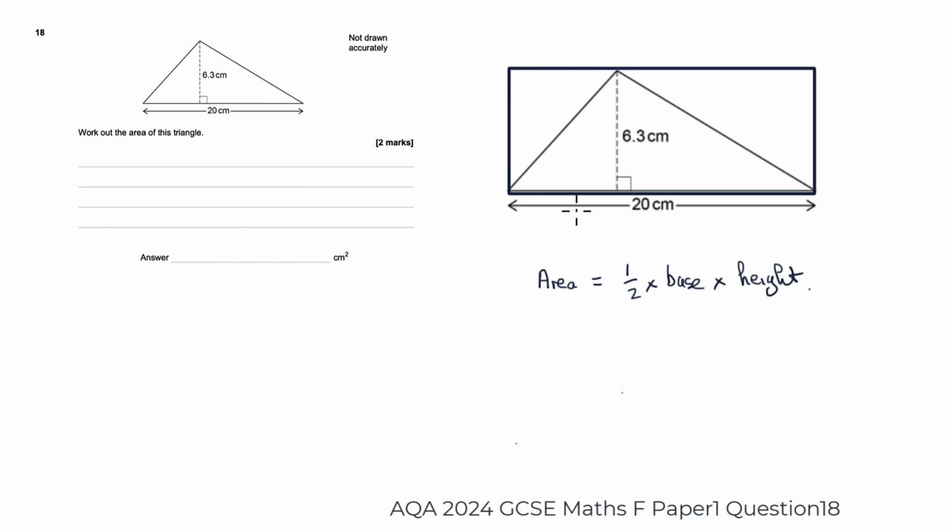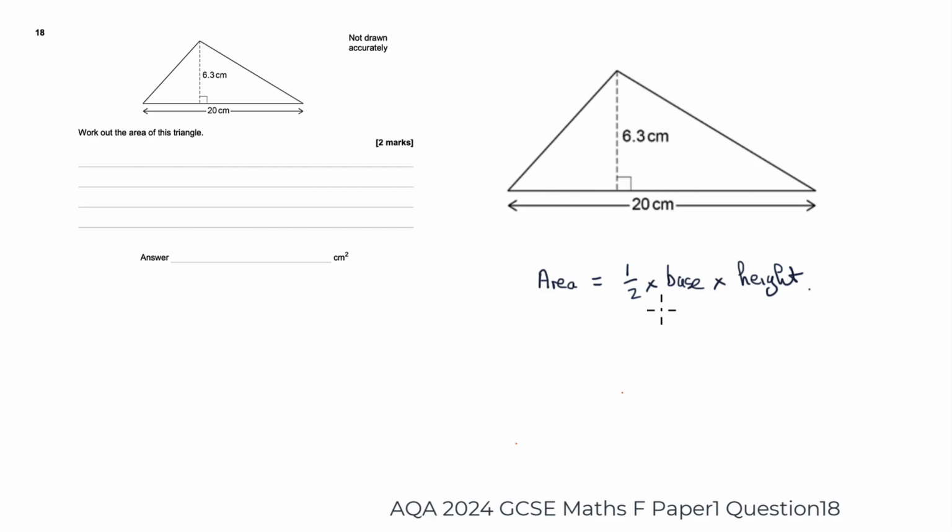And then the triangle is a half of that area. You see this bit here? Same as this bit. This bit here? Same as this bit. So the area of that triangle is 1/2 the area of the big rectangle. So a half base times height is the formula that you use.